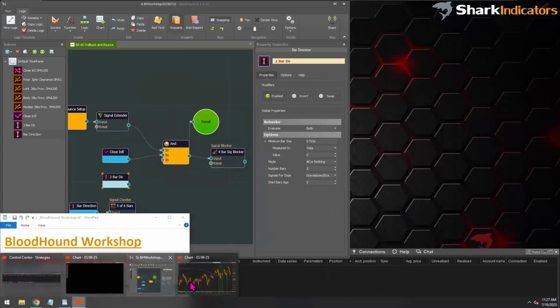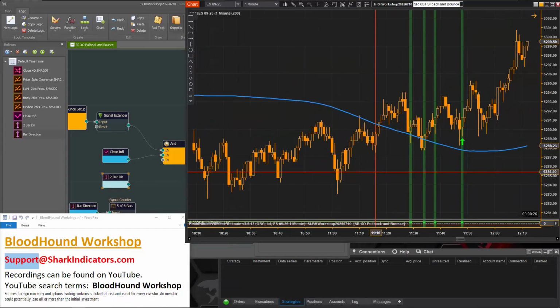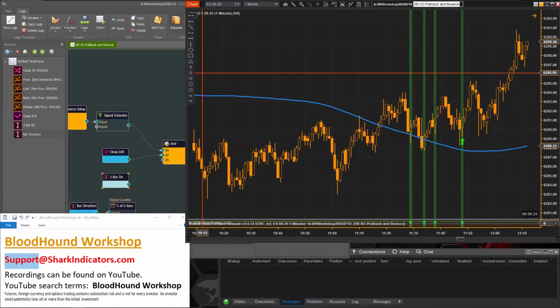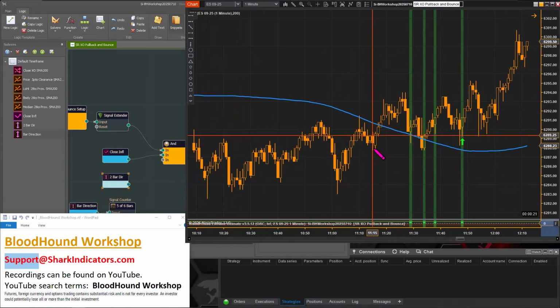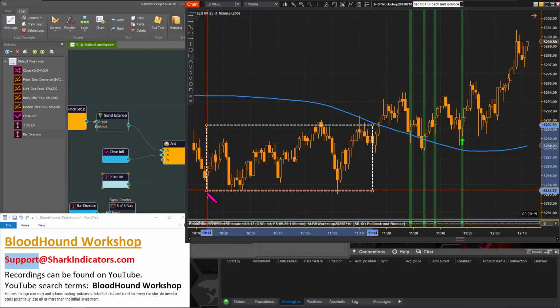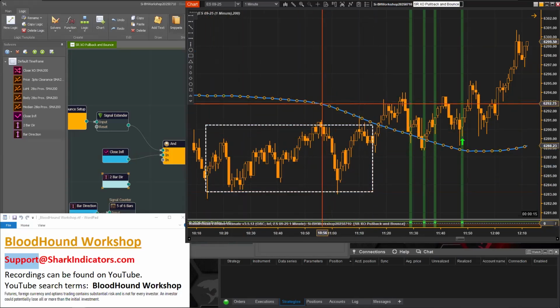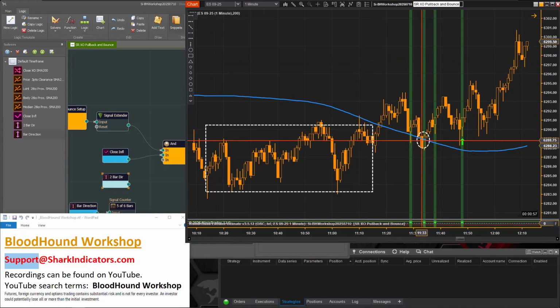Where'd my chart go? So what that would do is, here we definitely have price below our SMA for some period of time. So we get the cross up, and then we get the pullback, and then we get the bounce up there. But right now, all we're saying is that we just need price to cross and then move up and then pull back for that bounce off, and there you go.